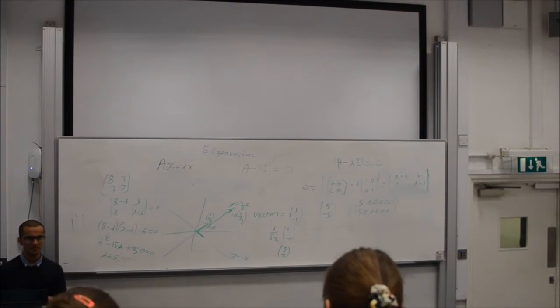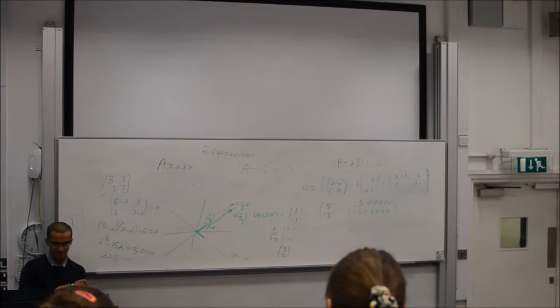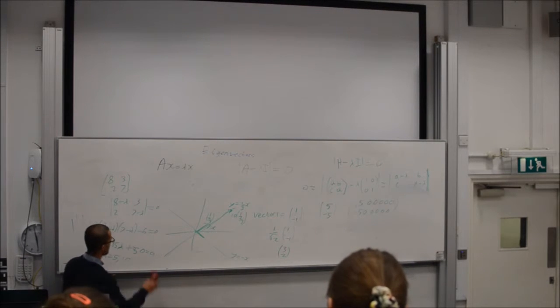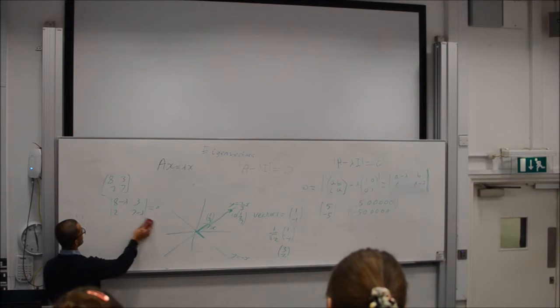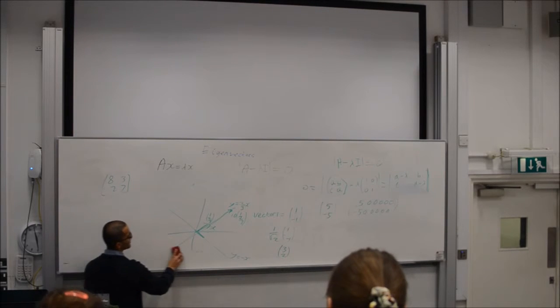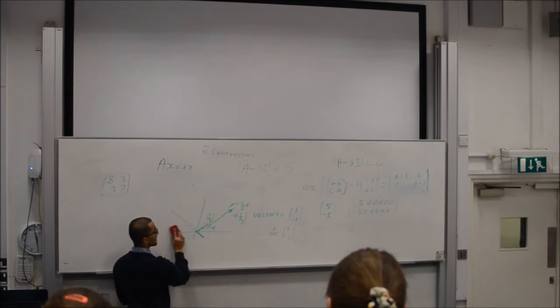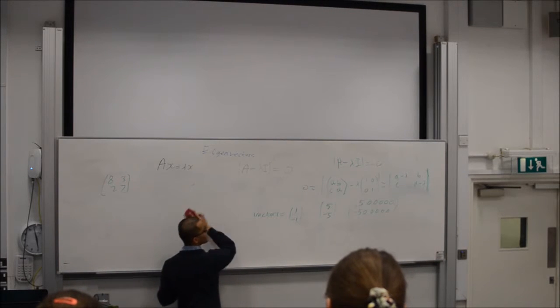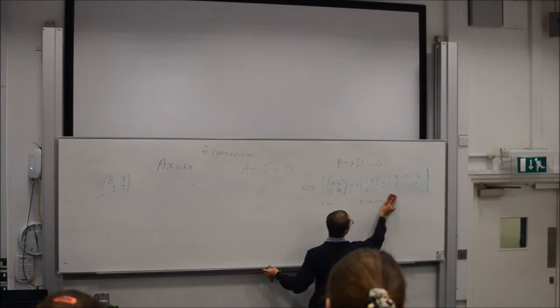So that's the gist of eigenvectors. Now I'm going to go into how you can use them. One of the applications of eigenvectors is that if you're given some weird matrix and you don't know what it does, you can calculate its eigenvectors and values, and from those you can figure out what the matrix actually does.